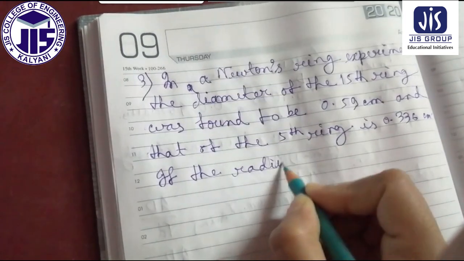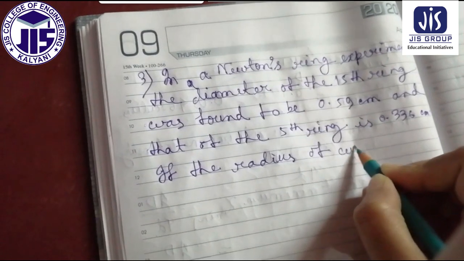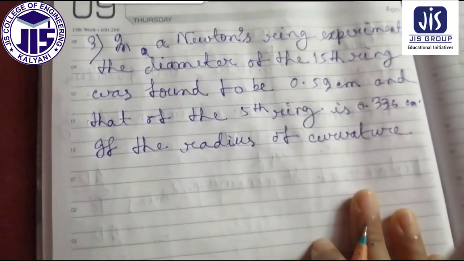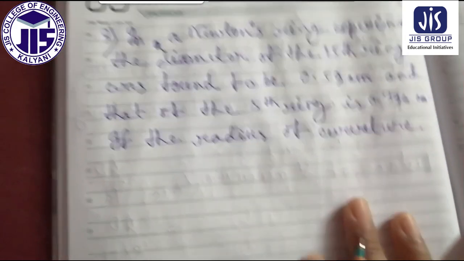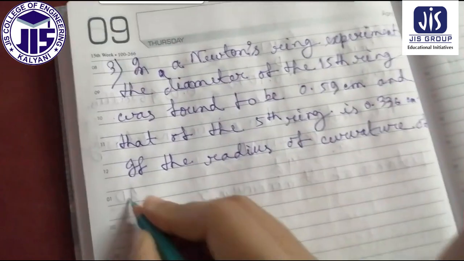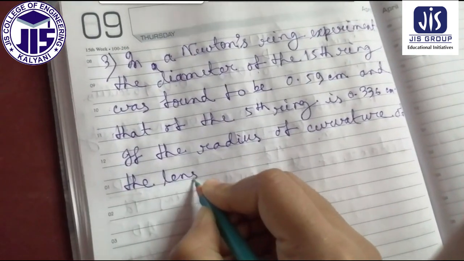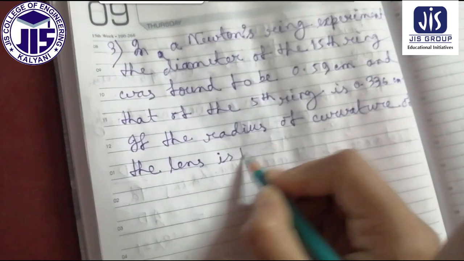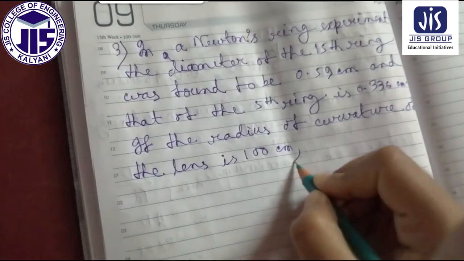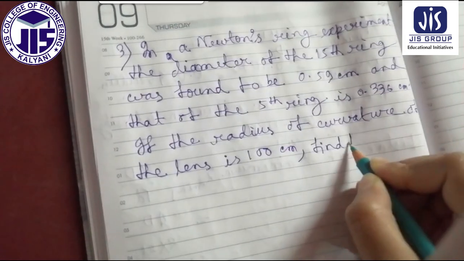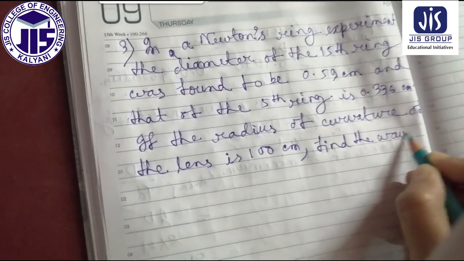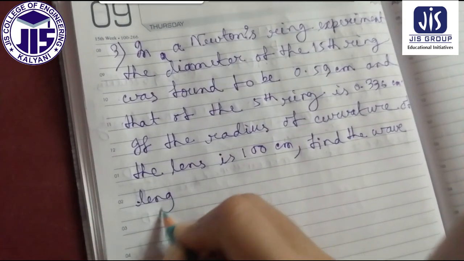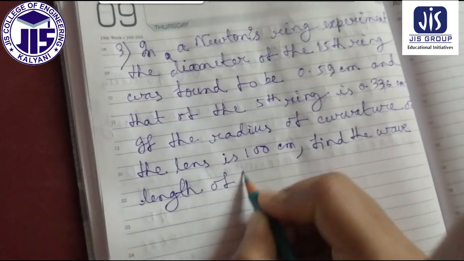If the radius of curvature of the lens is 100 centimeter, find the wavelength of light.